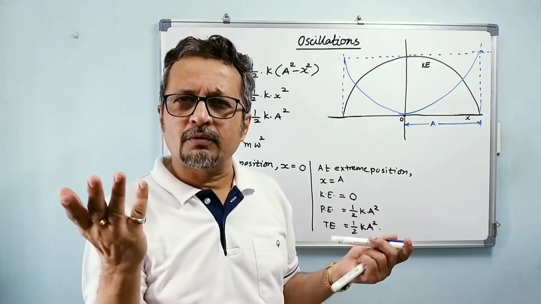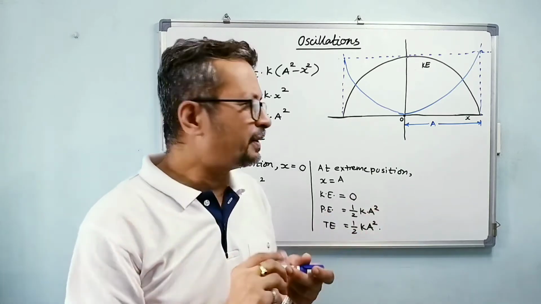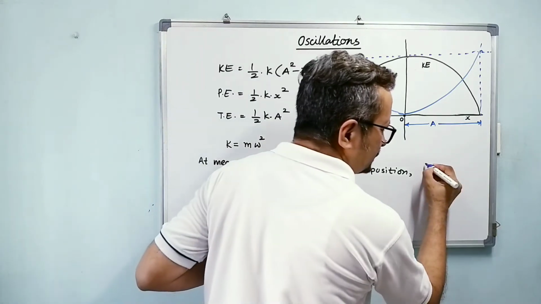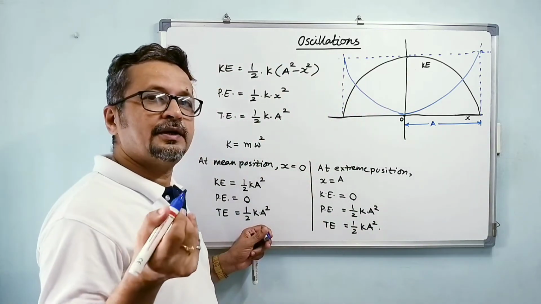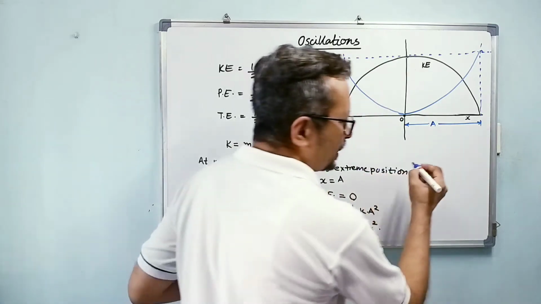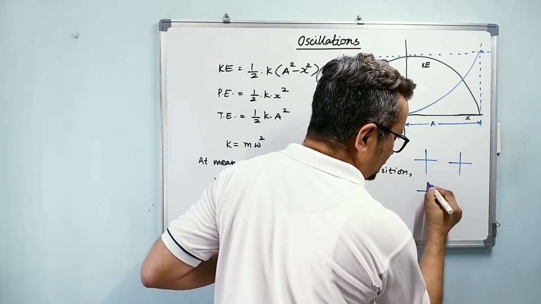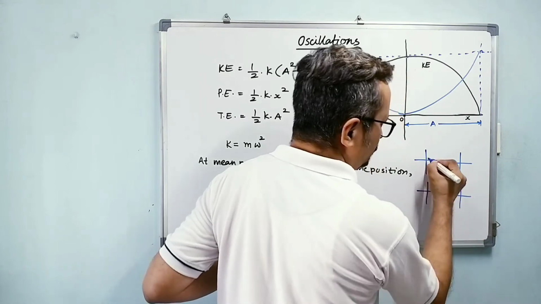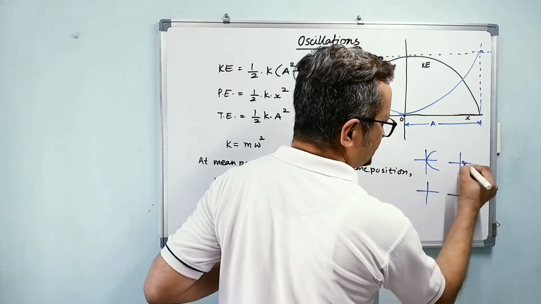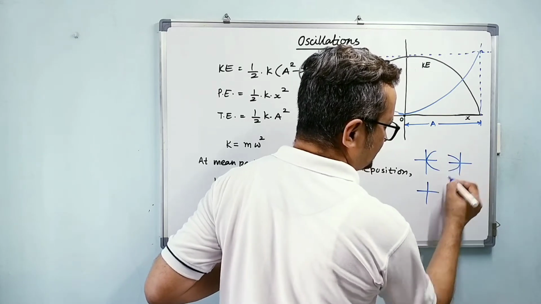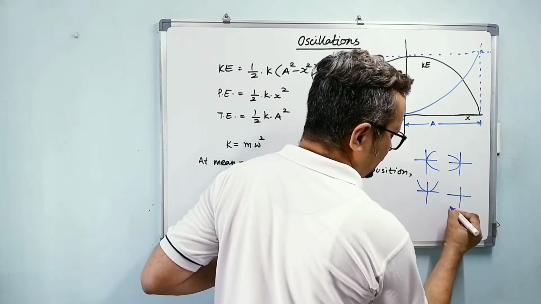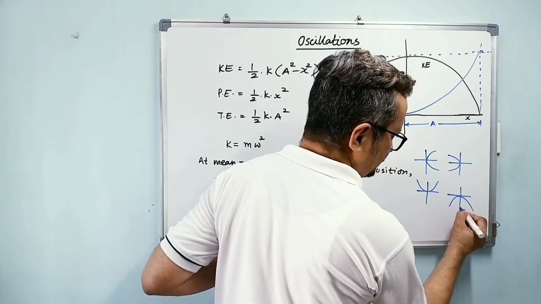What is a parabola? What is the general profile of a parabola? I'll just briefly tell you what are the parabolic profiles. You can have 4 profiles of this type here. Your first one is like this, your second one is like this, third one is like this, and fourth one is like this.